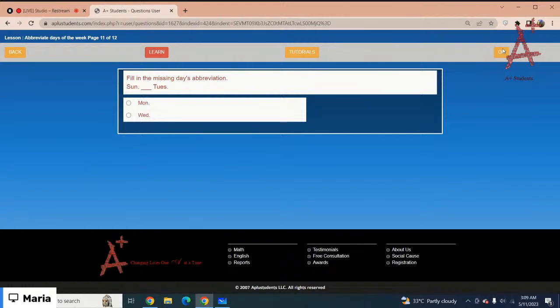Okay, fill in the missing day's abbreviation. So which is the correct option? Which is the day between Sunday and Tuesday? Yes, that would be Monday, between Sunday and Tuesday.